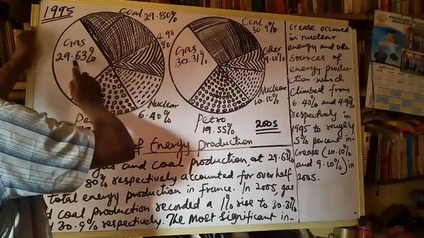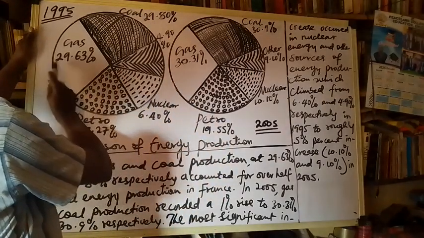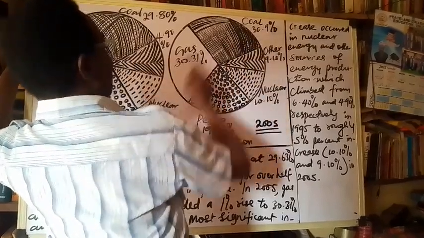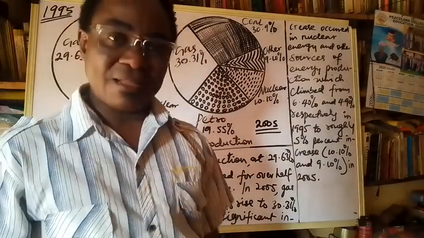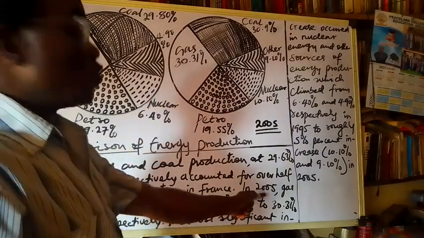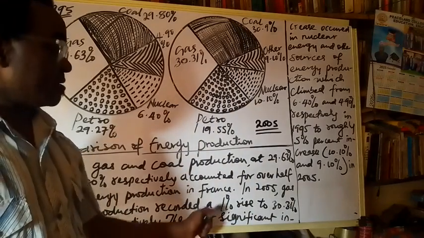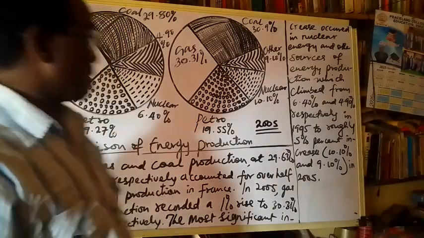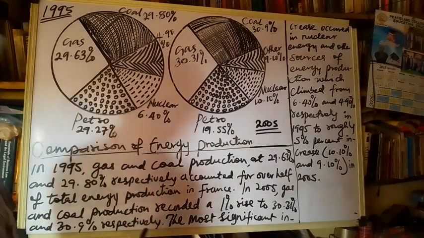Both coal and gas rose from 29.80% and 29.63% to 30.9% and 30.31% respectively. That is roughly 1% increase. In 2005, gas and coal production recorded a 1% rise to 30.31% and 30.9% respectively.